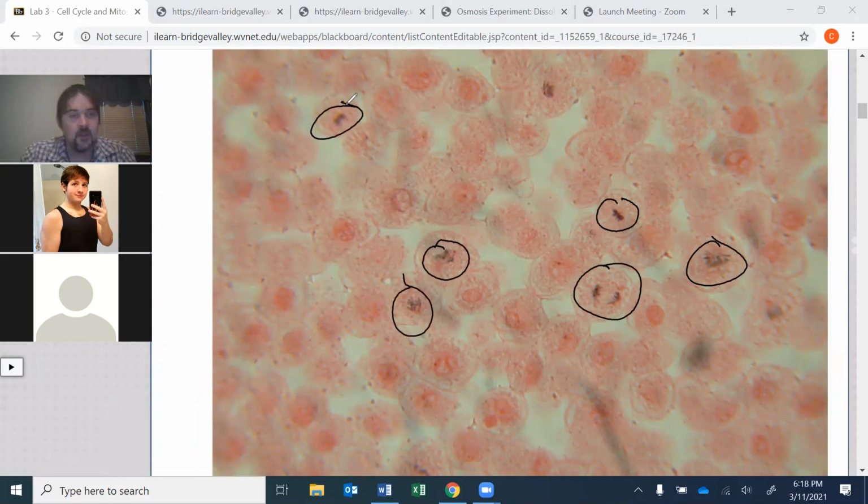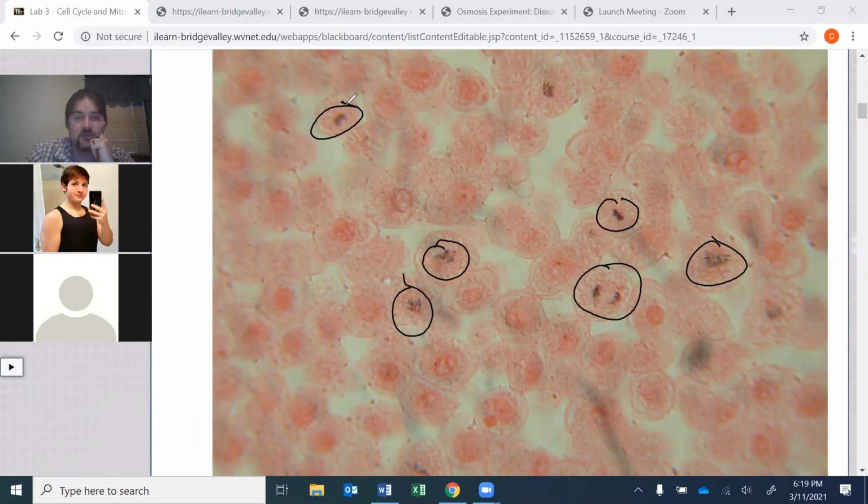Right there. All right, the chromosomes are those dark little structures. Now, the reason they call them chromosomes is because chromo means collar, and soma means body. So they look like they're the collared part of a cell when you're studying mitosis, chromosomes. That's where they get their name from.